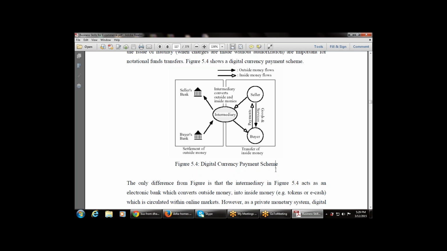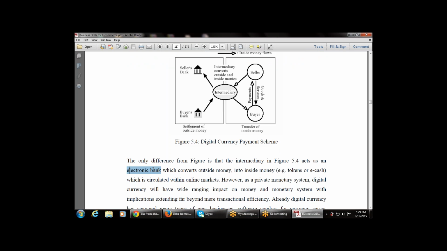So this shows how we make payment digitally in a currency scheme. The only difference from the earlier figure is that the intermediary in figure 5.4 acts as the electronic bank, which converts outside money into inside money. The outside money is converted into inside money, used as e-cash tokens which are circulated within online markets.